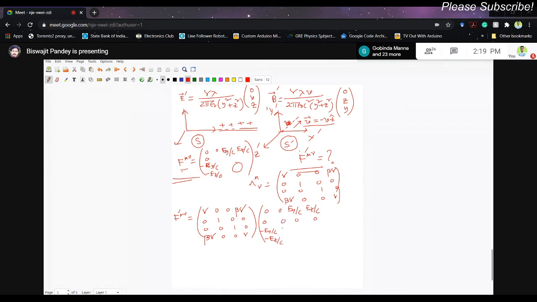Rest of the components are 0. So multiplication becomes much easier. Into gamma, 0, 0, beta gamma, 0, 1, 0, 0, 0, 0, 1, 0, beta gamma, 0, 0, gamma.